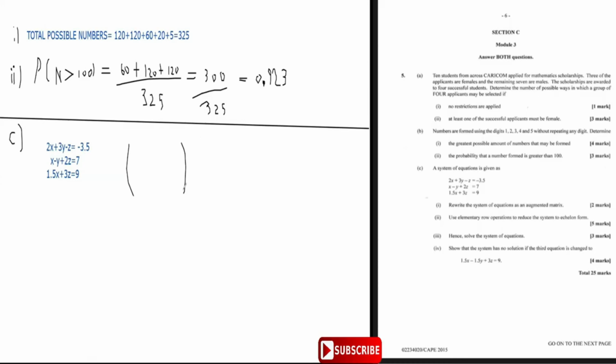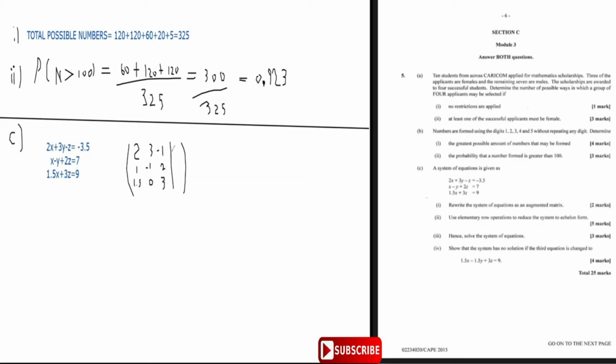Let us see. So the coefficients are going to be 2, 3, minus 1. Then this is going to be 1, minus 1, 2. This is going to be 1.5, 0, and 3.